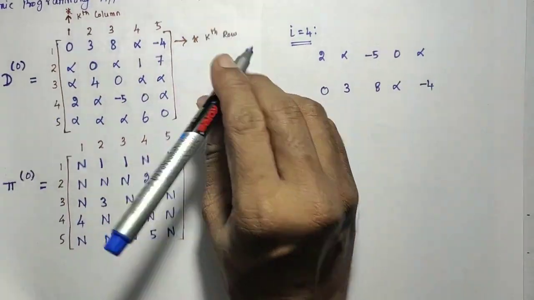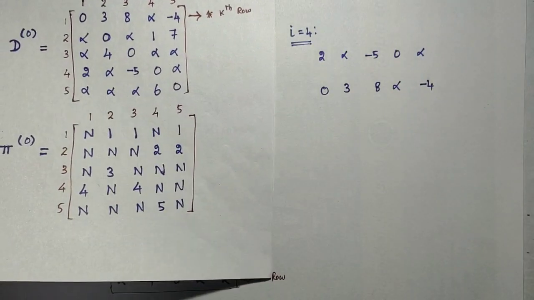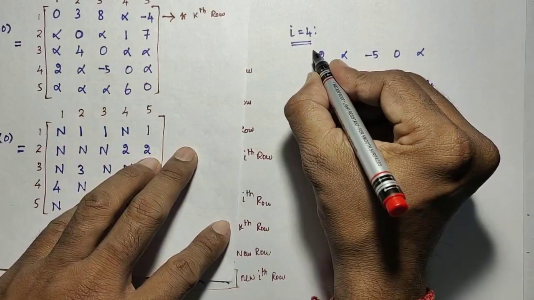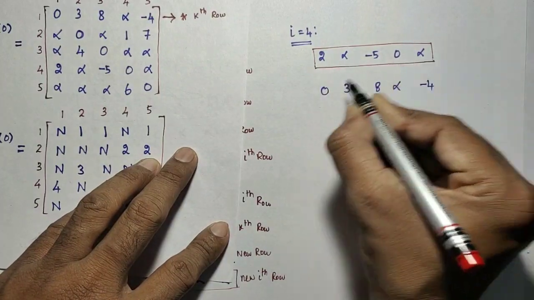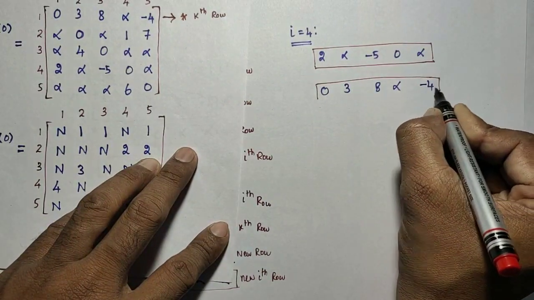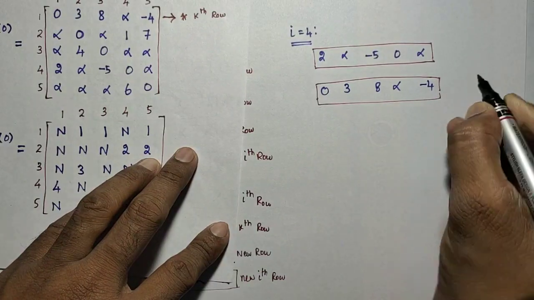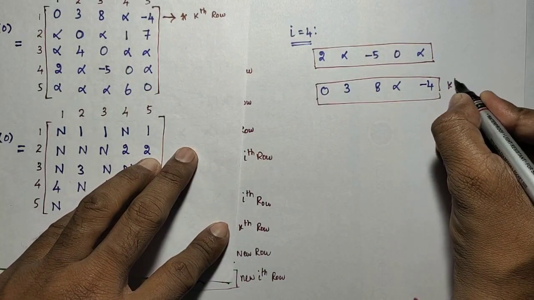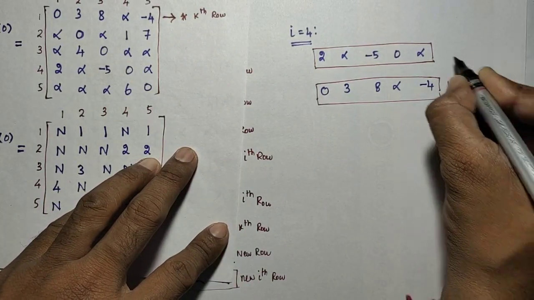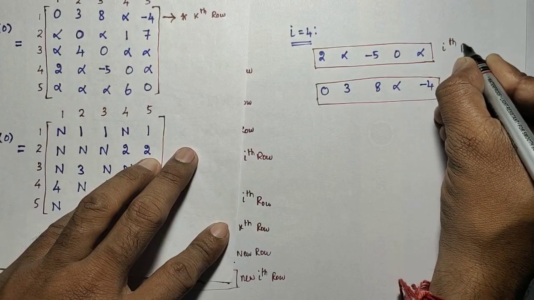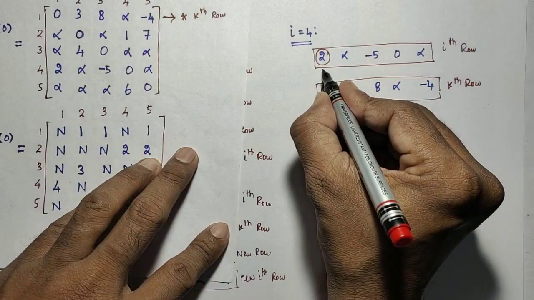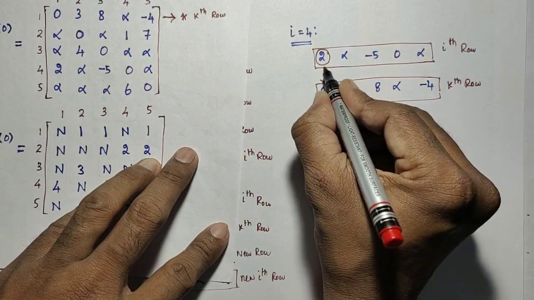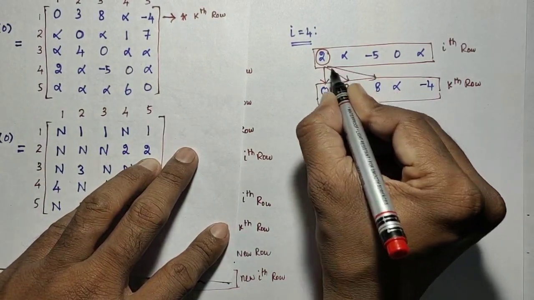Now I need to add the kth element from the ith row with the kth row elements. This is the kth row, this is the ith row, and this is the kth element from the ith row, which needs to be added with all these elements.